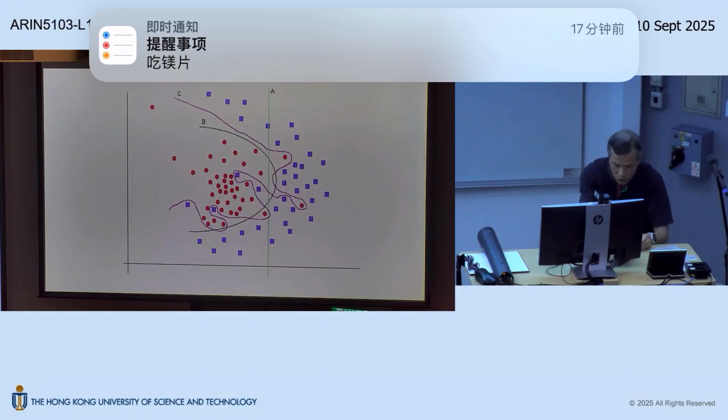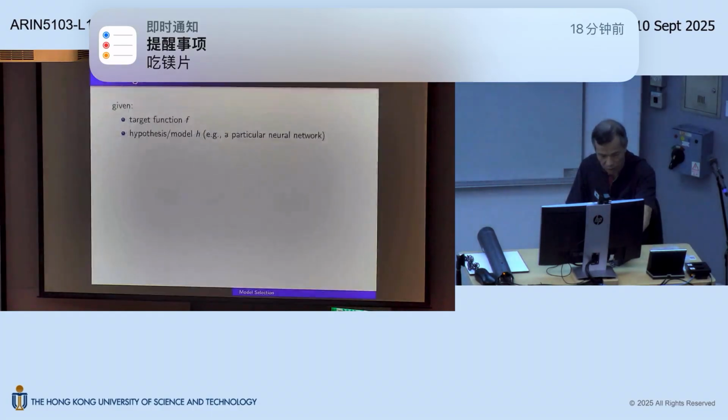The actual position should be here, but because I took the wrong measurement, I put it there. So again, the data can be noisy, and that's why you may not want to fit it too well.